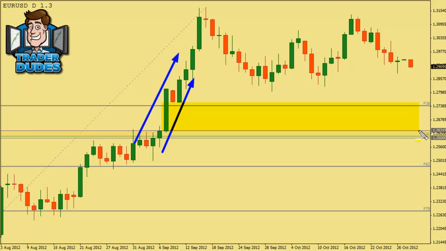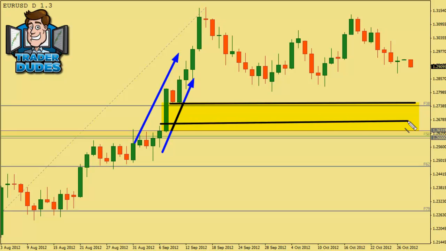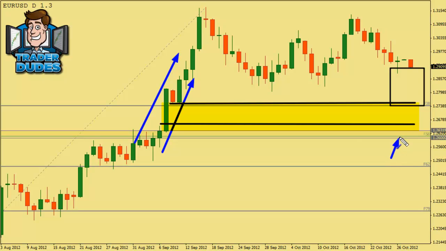Should price reach this recent low where this bar is, it's almost certainly not going to stop until it gets down here. So if we can figure out a way to take a short from perhaps anywhere in this area, we have a good chance that the market will reach this level. We don't know when it will or in what sequence, but it should reach it at some point.